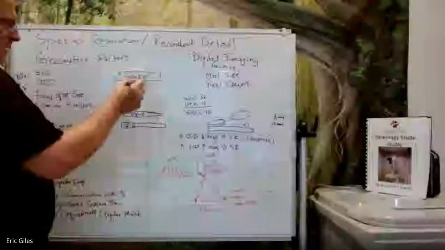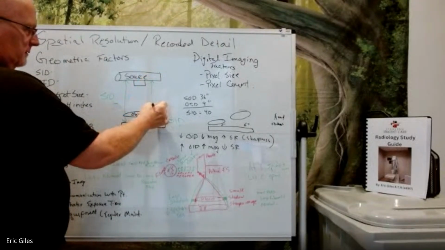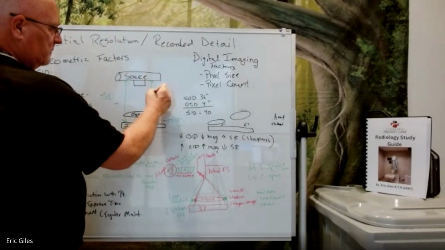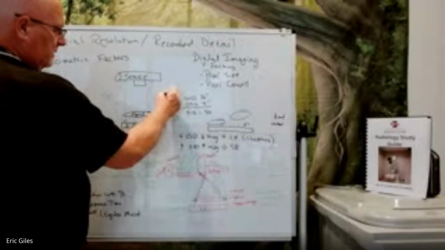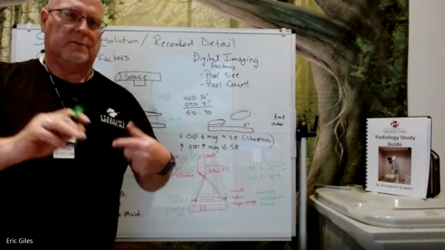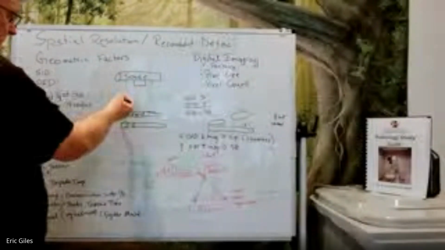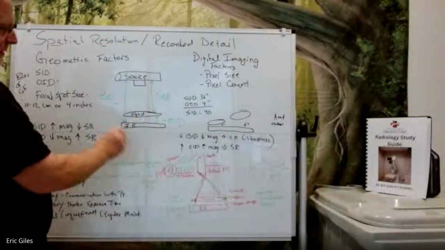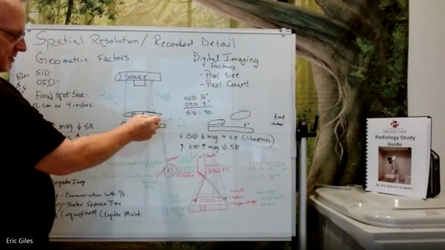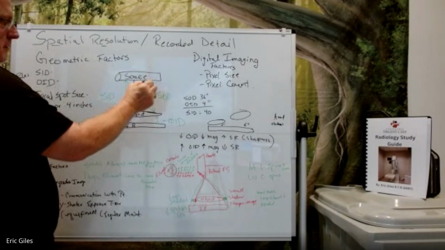Okay, and then we've got one more distance here, which is our source to object distance, which is our SOD. If you listen to a lot of radiology stuff, you're going to hear SID, SOD, and OID. Okay, and now we know what they are. So SID is source to image distance, OID is object to image distance, and SOD is source to object distance.